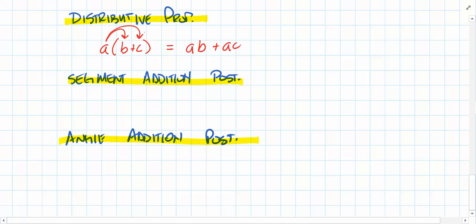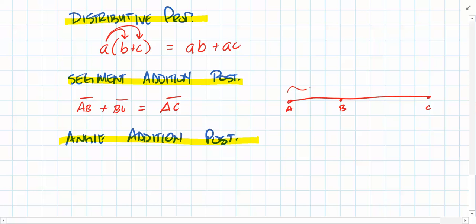Just to review it again, if I have a segment here, call this A, call this B, call this C. Segment addition says line segment AB plus line segment BC would have to equal what for the entire thing? Line segment AC. There you go. So the first segment plus that segment equals the entire segment put together.